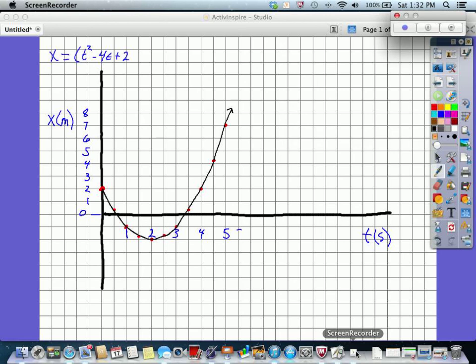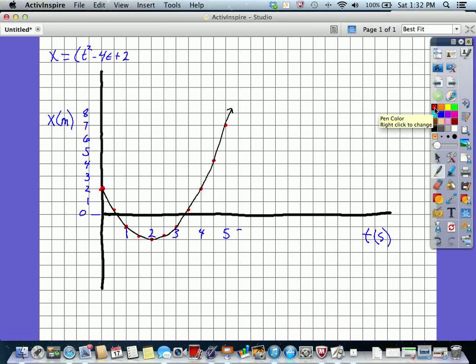So now we're going to use a graphical method to do that. Here, if we're just drawing this graph, if we took a ruler and came over to find 1 second, and again, you do the best job you possibly can.